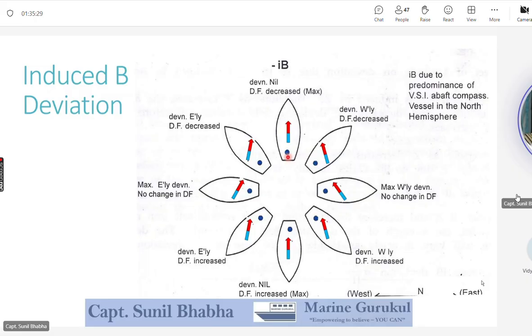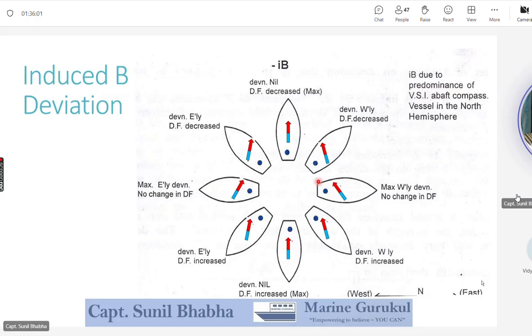Now the ship goes on a northeasterly heading. On the northeasterly heading, the blue pole of the funnel comes to the southwest of our compass needle. When it comes southwest of the compass needle, it is no more aligned with the magnetic field of the Earth. So it starts repelling the south end of the compass needle, and the compass needle turns anti-clockwise, or a westerly deviation is generated.